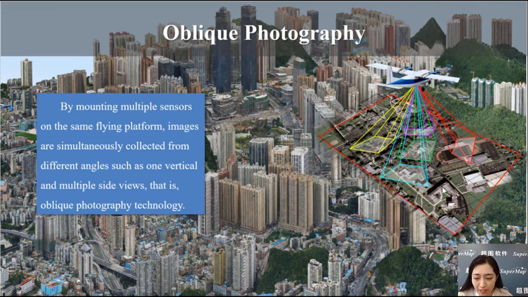Oblique photography is a high technology developed in the international surveying and mapping field in recent years, and it overturns the previous limitation of images that can only be shot from the vertical angle. With multiple sensors on the same flight platform, it can capture images from 5 different angles, including 4 oblique ones, to quickly restore the real world.